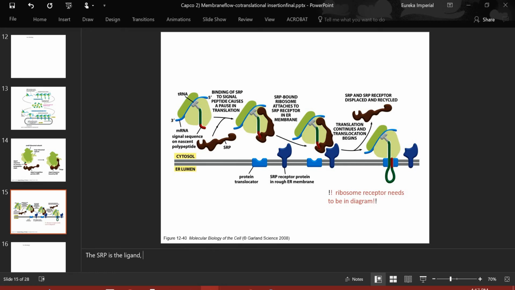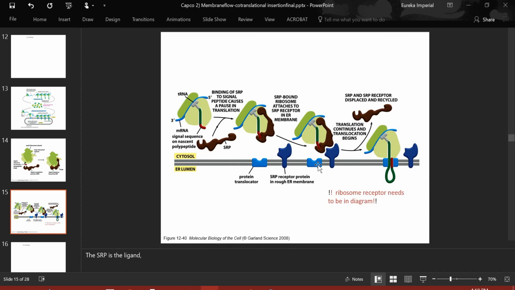That conformational change causes the SRP receptor to disassociate from the 15 to 60 hydrophobic amino acids. And then, what's not shown is there's a ribosome receptor sitting right here that grabs onto the ribosomal subunit and holds the ribosome in place. And you recycle the SRP receptor. The movie did show that. There's the SRP receptor recycled right there.